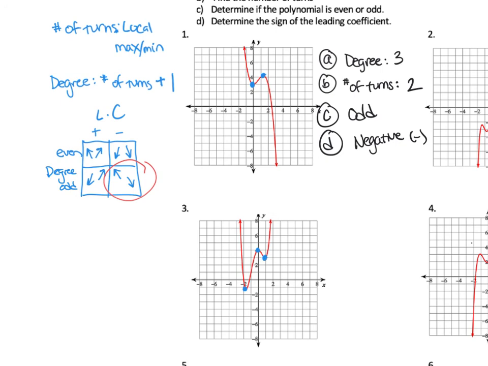So that means that our number of turns, we now have 3 turns. So if I look at the degree, I'm going to take my number of turns and add 1. So this is a degree 4 polynomial.